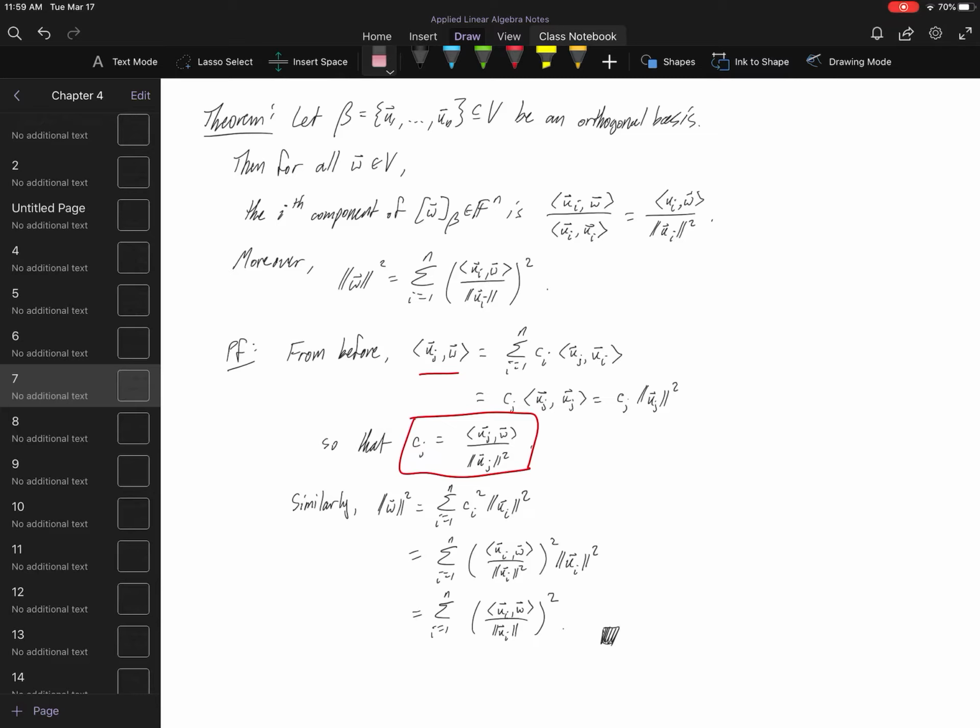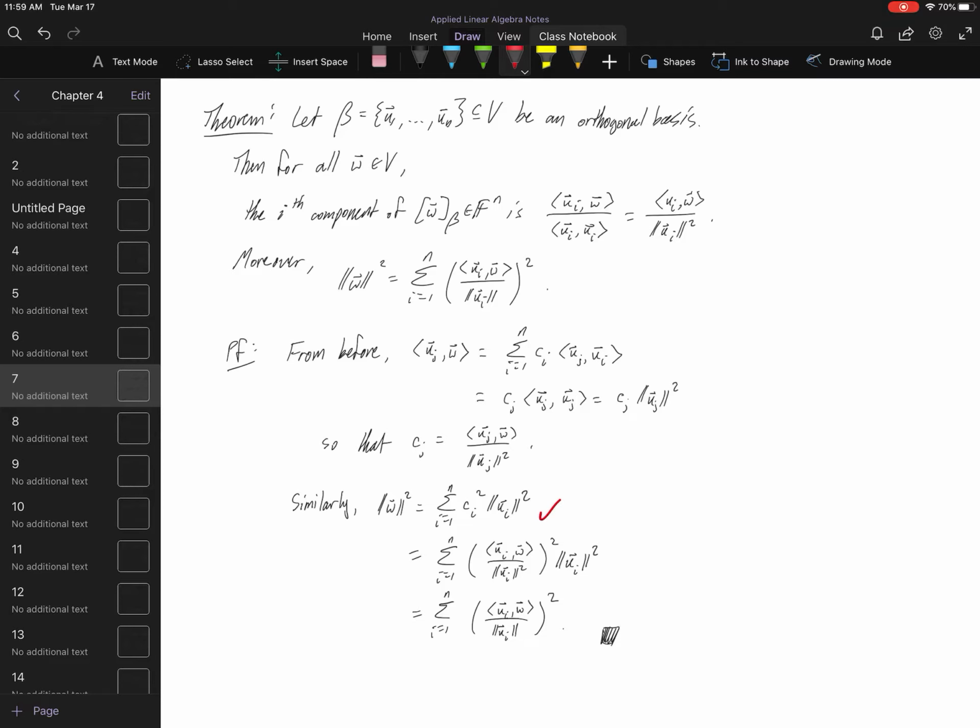So that's what the theorem is saying. We are going one step further in generality: if we don't have a unit length or normal basis, then we have to scale down by the length, just a little bit, to make sure we're not over-lengthening these vectors or overweighting them.